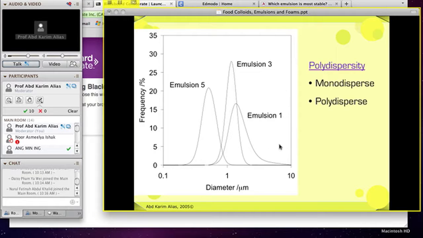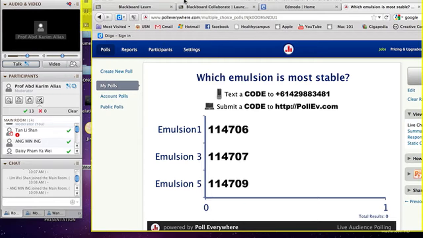And I introduced the term polydispersity to show the distribution of the droplets in an emulsion, which can be described as monodisperse and polydisperse. Okay, now let me switch the screen. This is a question that we discussed last week based on the diagram.